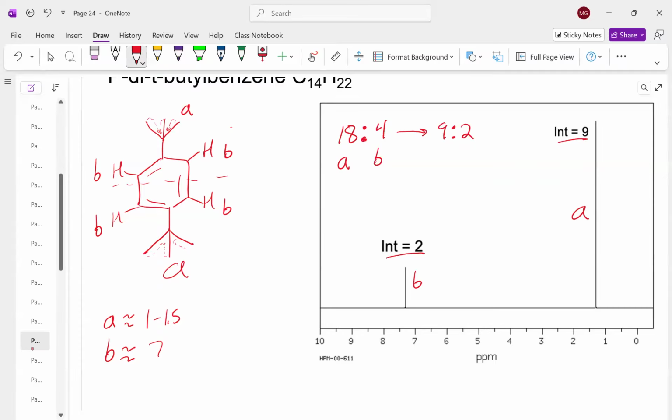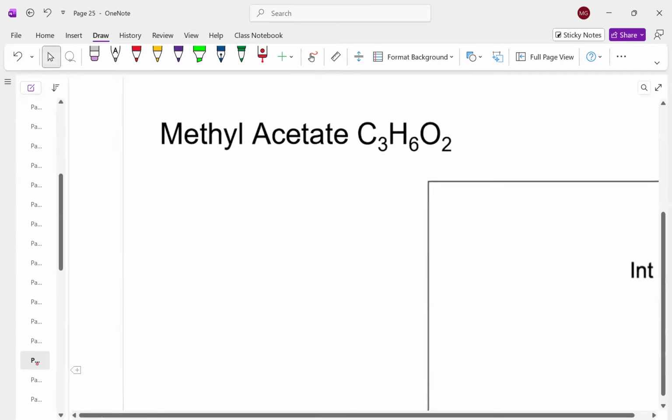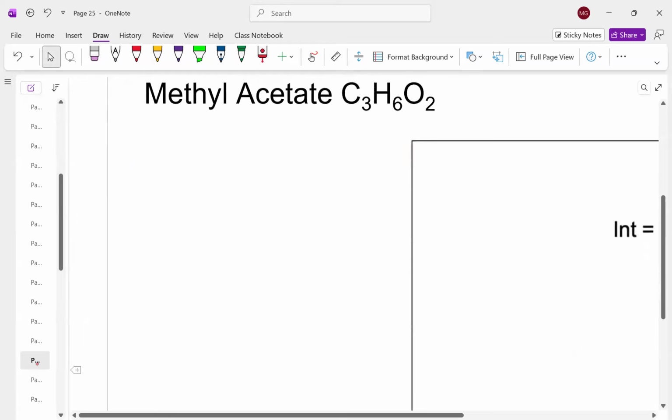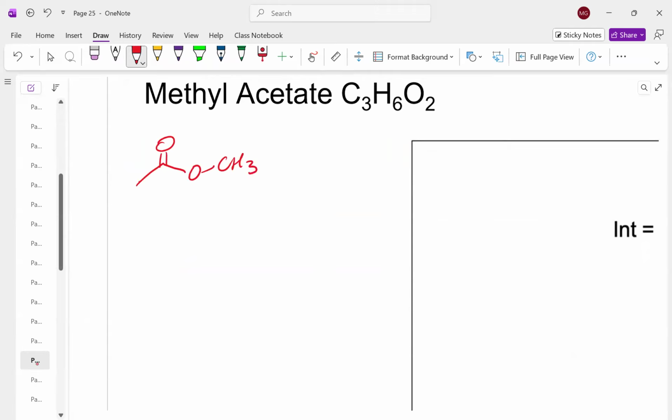All right, let's look at one more example. We'll do, again, some predictions, and then we'll move on. So here's the structure of methyl acetate. Let's first predict how many signals we should see. So I'll start over here. I'll draw in these 3 hydrogens.